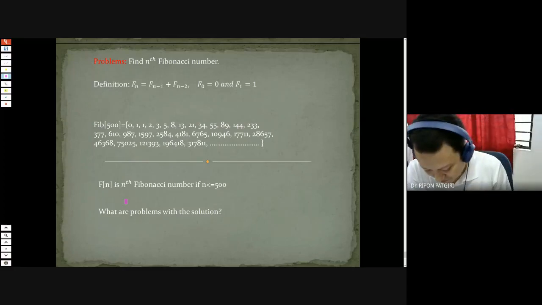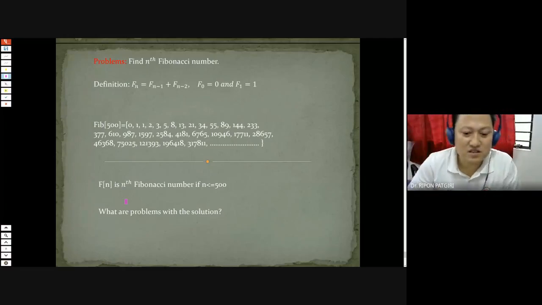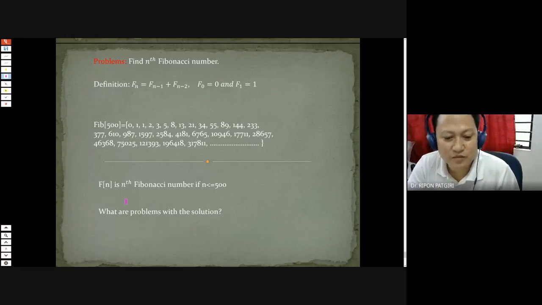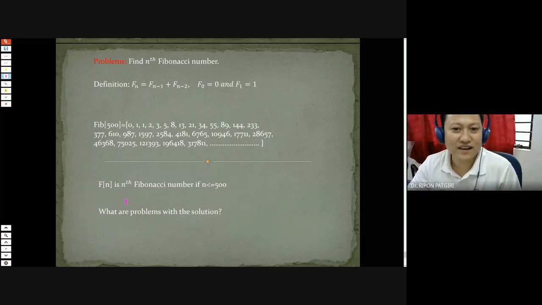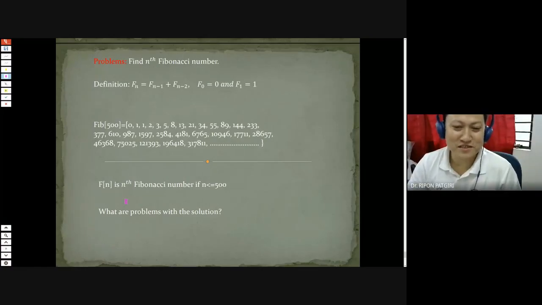What is your name? Sir, Neha. Neha, that is the advantage. Without calculation, without doing anything, I am getting the nth Fibonacci number. Is it a disadvantage or advantage? It is obviously an advantage, no?